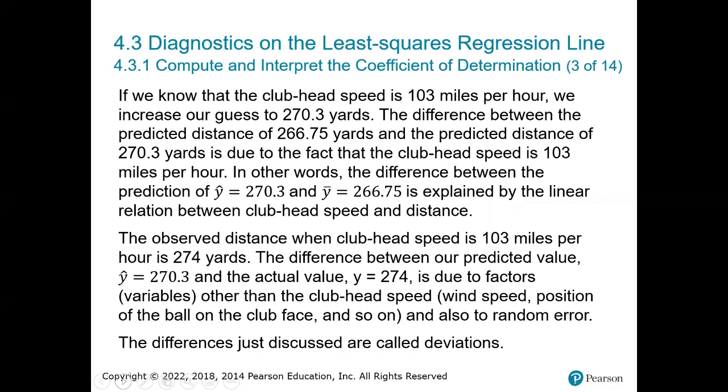The difference between the predicted distance of 266.75 and the predicted distance of 270.3 yards is due to the fact that the club head speed is 103 miles per hour.